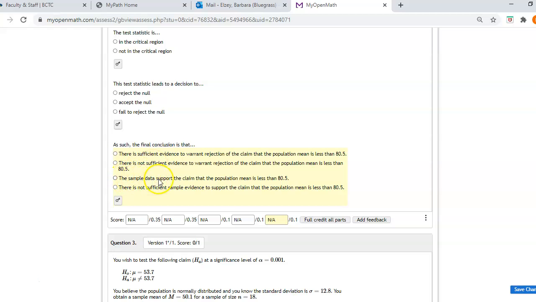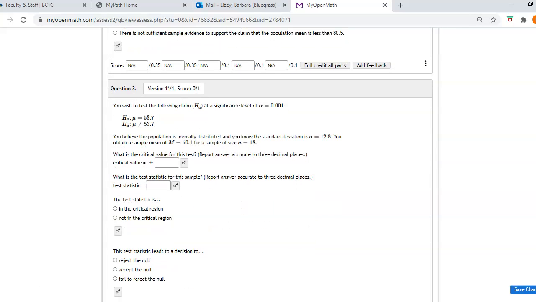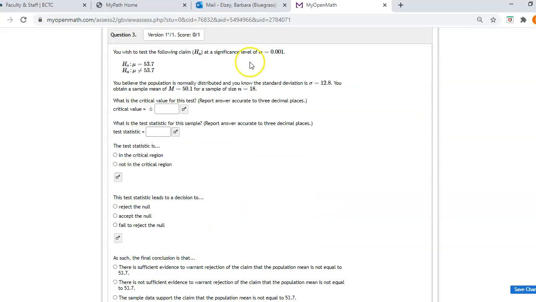So the sample data support the claim that the population mean is less than 80.5. There it is. It's supporting the claim, the alternate, that the mean is less than 80.5. So it would be this one here.